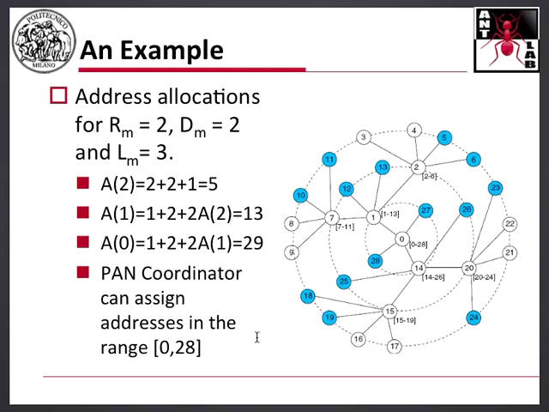But the number of addresses needed by router 15 and 20 is exactly what we have found at A2. It's exactly what we have calculated as being A of 2.